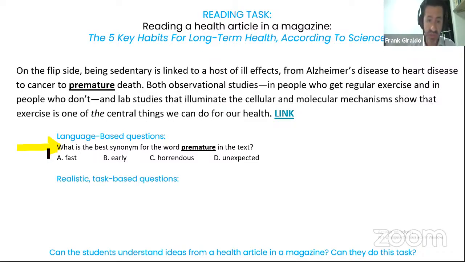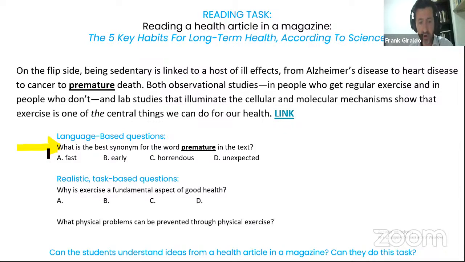A task-based question is something like this or like this. What physical problems can be prevented through physical exercise? So this is something that you would genuinely want to know about reading a text that includes habits for good health, not the first question that you see there. Once you collect the information from a multiple choice test, the information should tell you, aha, my students can or can't understand ideas from the text.